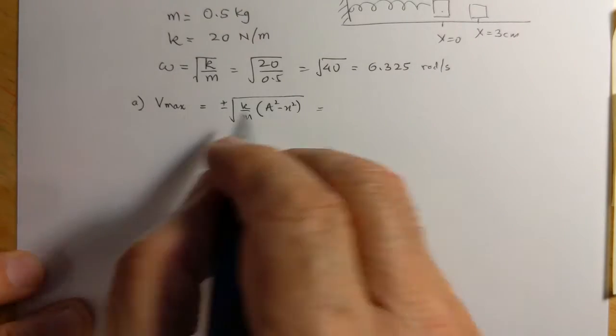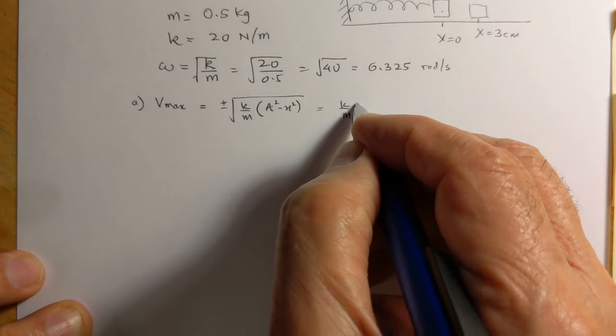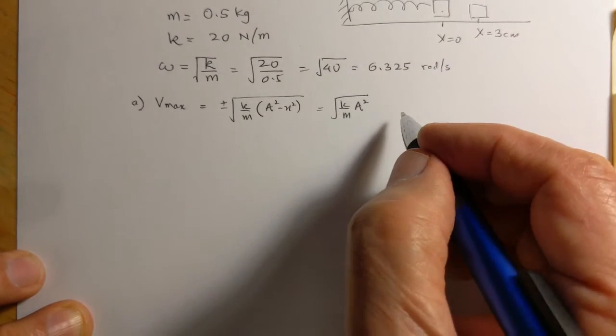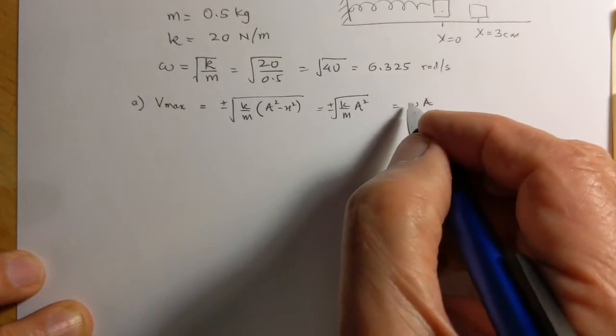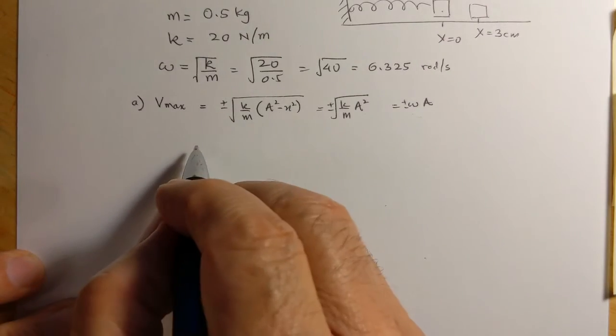So for V max, x is 0, so it's going to be k over m a square, and that becomes omega a. Well, it's plus minus, so it's negative while going to the left and positive while going to the right.